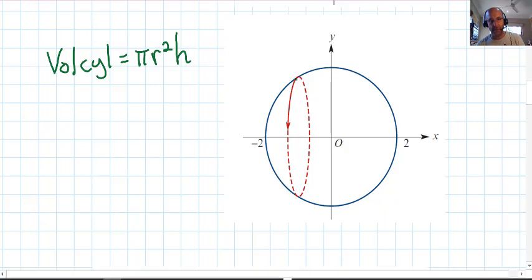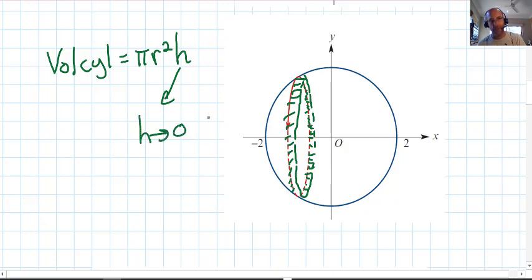Now you know from junior maths that the volume of a cylinder is pi r squared h, and basically if we look at where the cylinders or discs would be, they would be perhaps like this. Now essentially we're trying to make h approach 0, and then we're taking the sum of that, which would be an infinitely many bunch of discs or cylinders, and they'd be varying ideally according to that function for a semicircle.